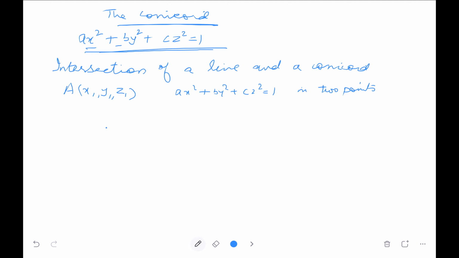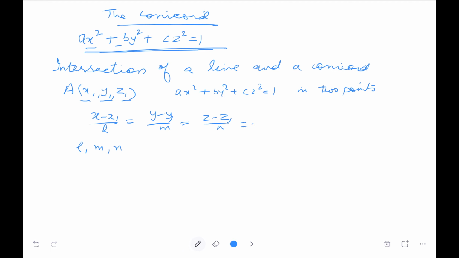So the given conicoid is ax square plus by square plus cz square is equal to 1, and any line through (x1, y1, z1) can be given by (x minus x1) by l, (y minus y1) by m, (z minus z1) by n, where l, m, n are the actual direction cosines of the line.